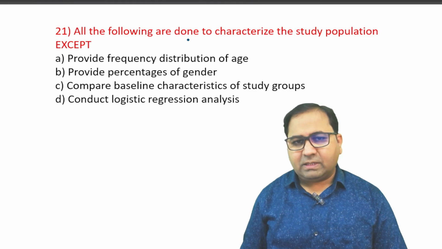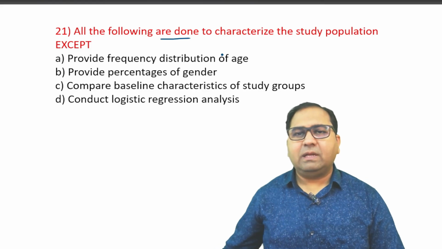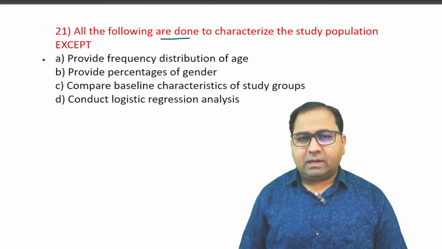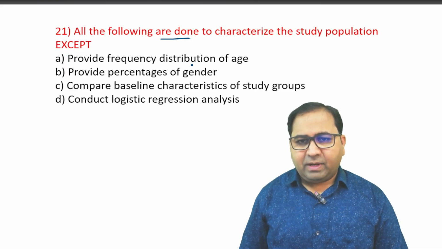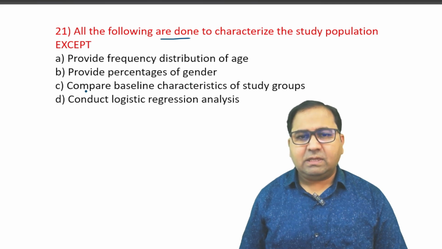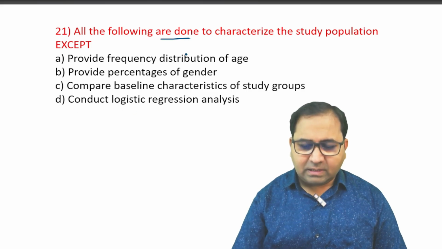Chalo. Next question. All of the following are done to characterize the study population except. We have seen previously a slide on study population characteristics. Let us see the options again. Options are A, provide the frequency distribution of age, B, provide percentages of gender, C, compare the baseline characteristics of the study groups, or D, conduct the logistic regression analysis.